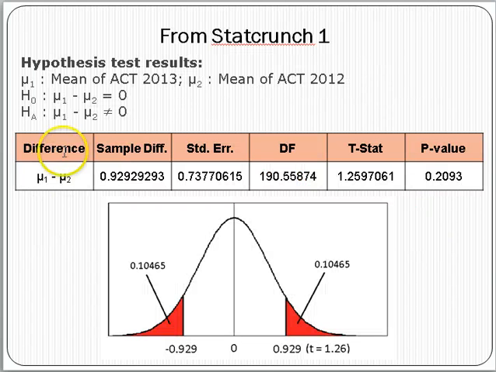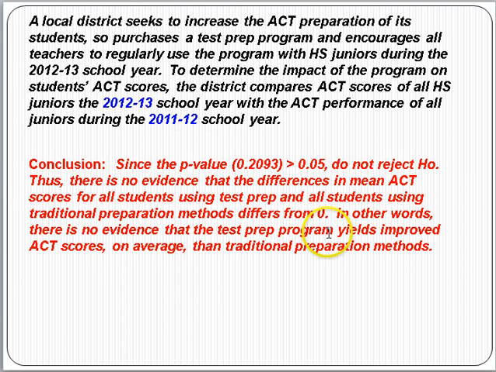In other words, there's no evidence that HA is true. So there's no evidence that the test prep program yields improved ACT scores on average over traditional preparation methods. So the district probably should not be investing in this test prep program, at least according to statistics.